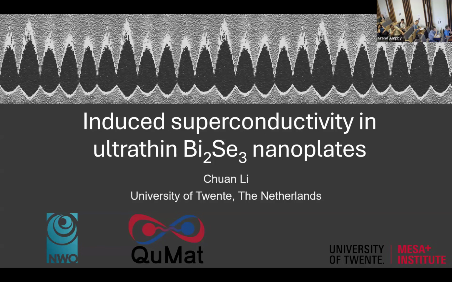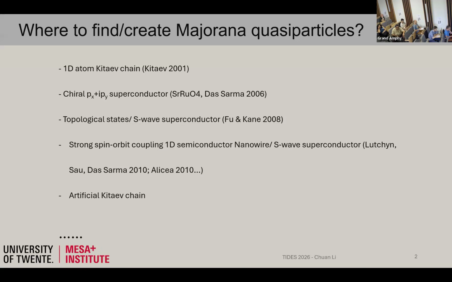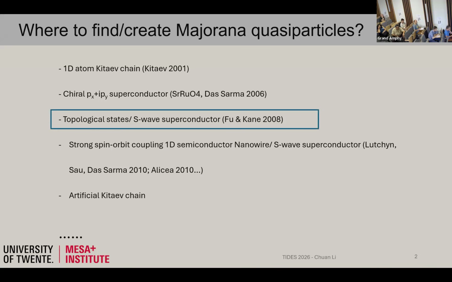So today I'm gonna talk about our pretty recent work on these bismuth selenide nanoplates. I think in the morning we had a very nice introduction from Professor Oleg Vanov about this related physics.